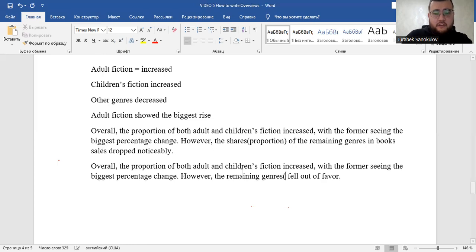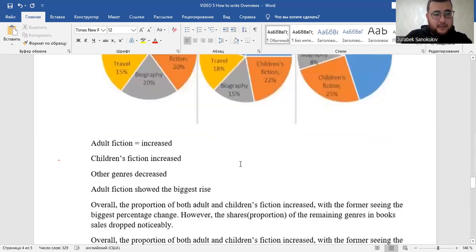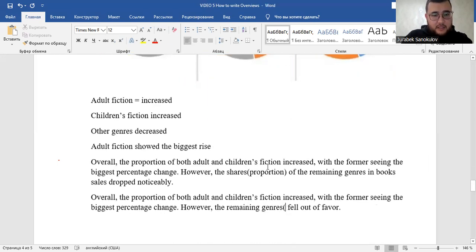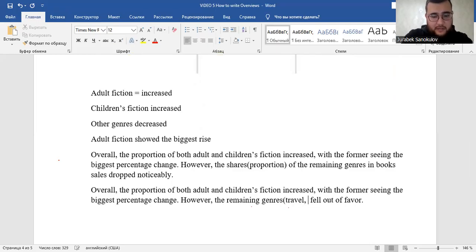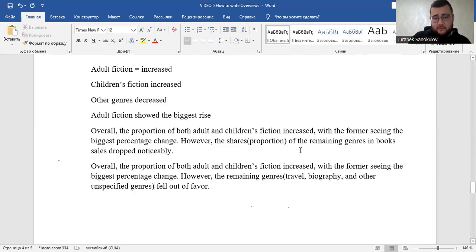So I can clarify which genres I'm talking about: travel, biography, and other unspecified genres fell out of favor. So I can do the same thing here.